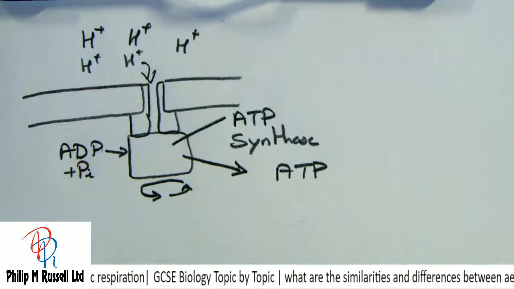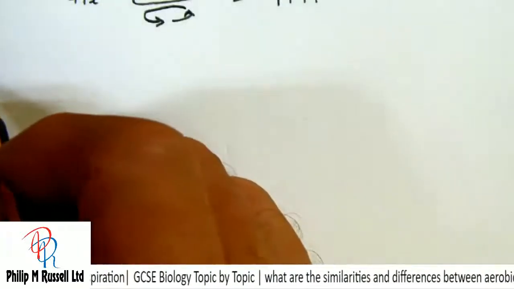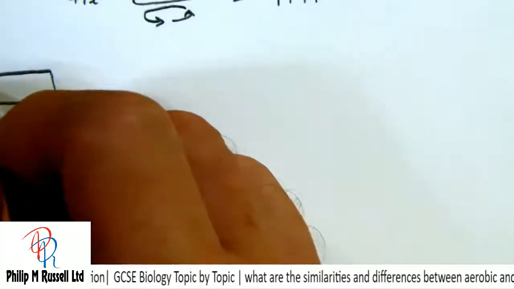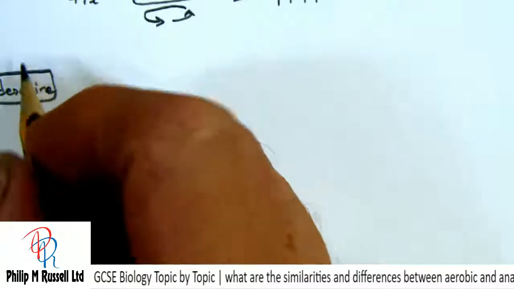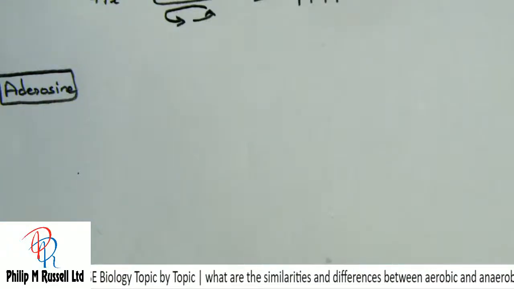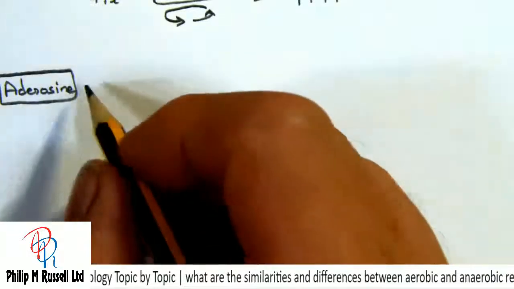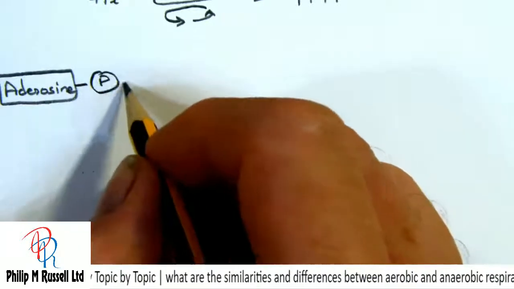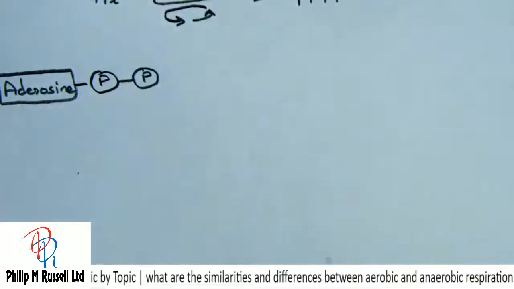So let's have a look and see what this looks like. I've got a molecule of adenosine. Now adenosine, you'll come across, it's found in DNA, and attached to this I've got two phosphate molecules.